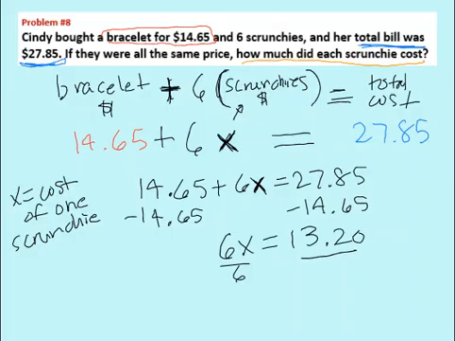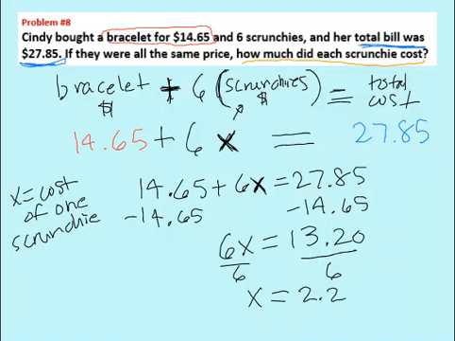All right. Well, connection problem there, so I'm not sure what got skipped. But I'm going to keep working on this problem. So perhaps some of the solving got left out, but that's okay. So I'm going to divide each side by 6. And now I'm going to divide 13.20 divided by 6. And I get 2.2. And so what does that mean?